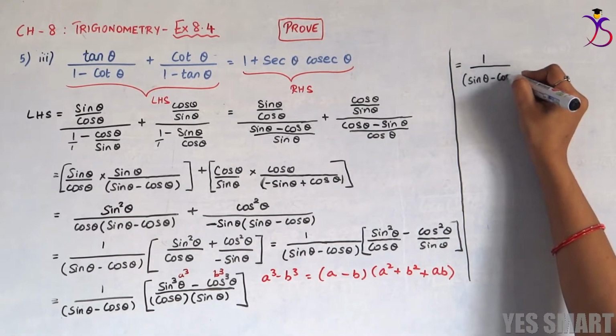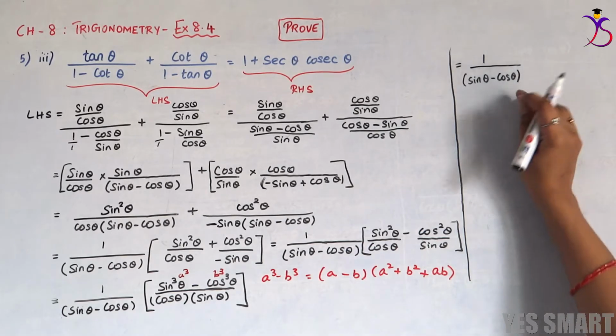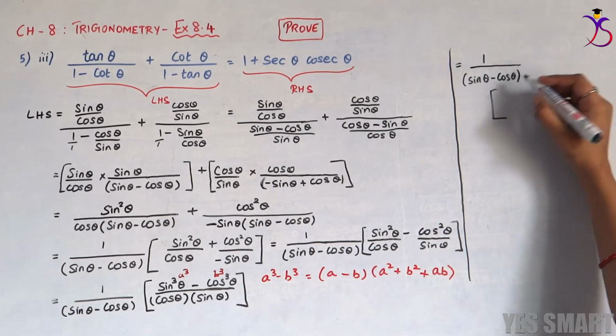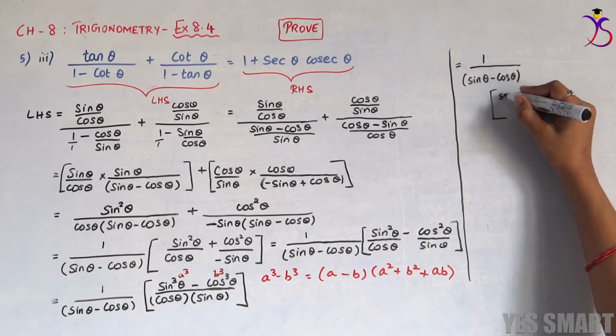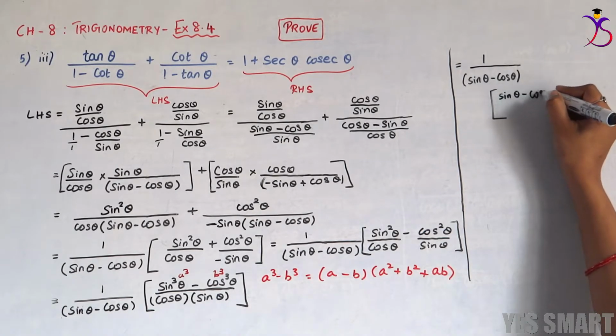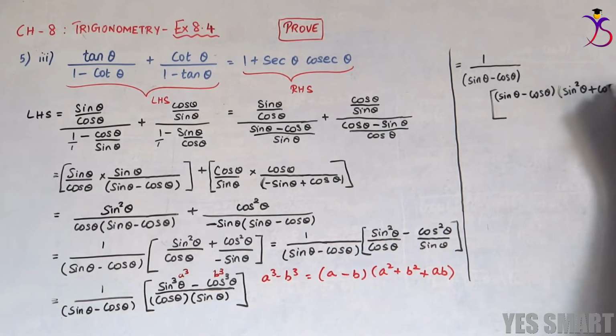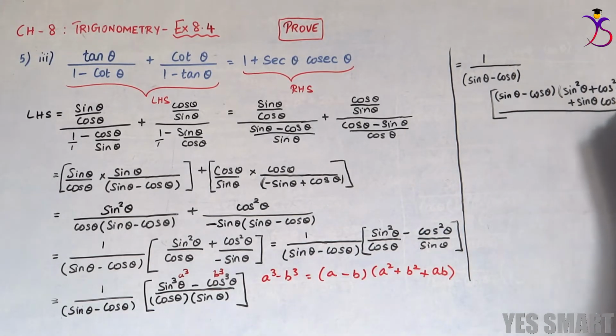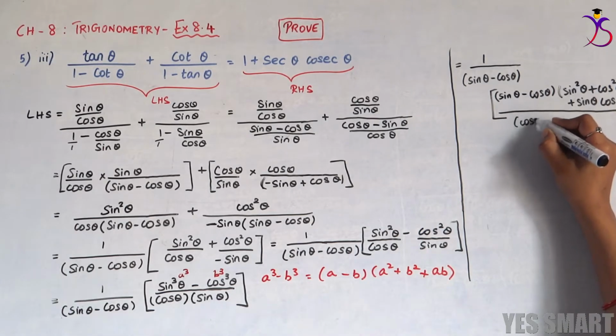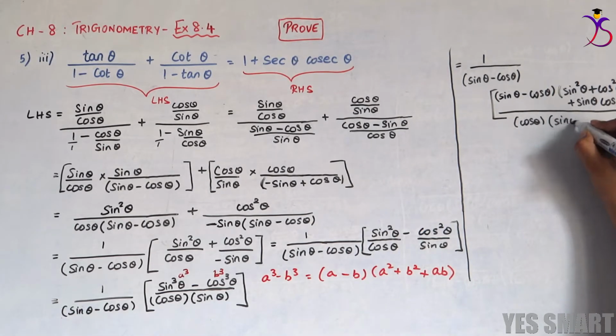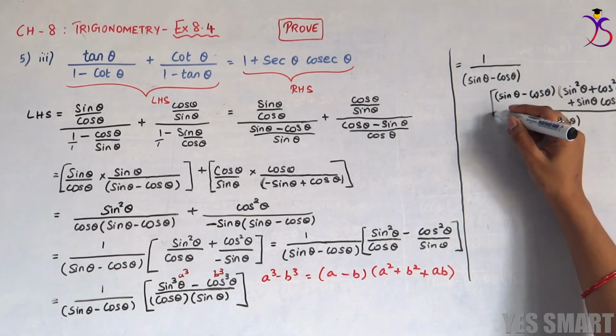I am just keeping the term outside the bracket as it is, into a minus b, which is sin theta minus cos theta, into a square, which is sin square theta, plus b square is cos square theta, plus sin theta cos theta, that is ab, divided by the denominator, which remains as it is in the previous step.